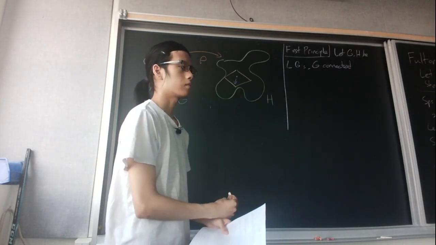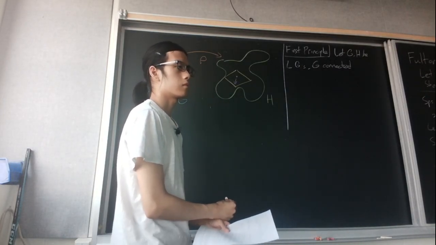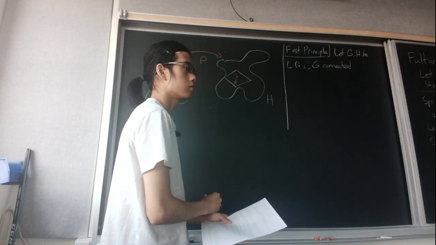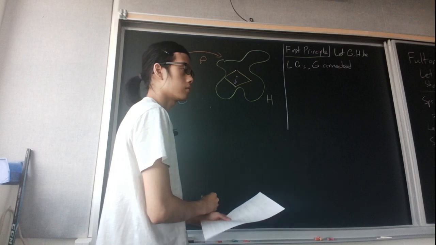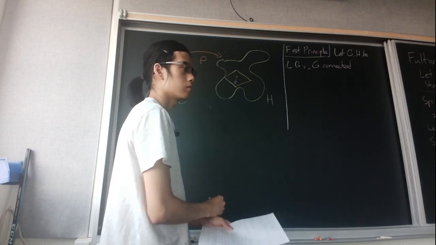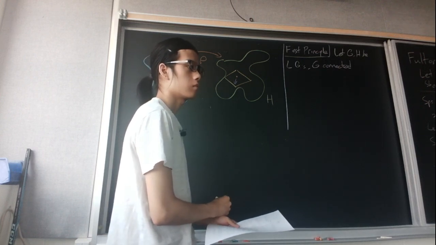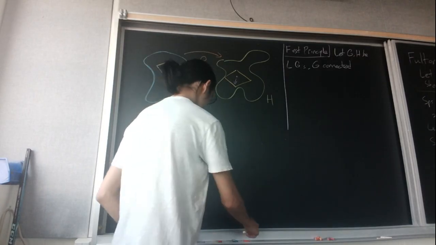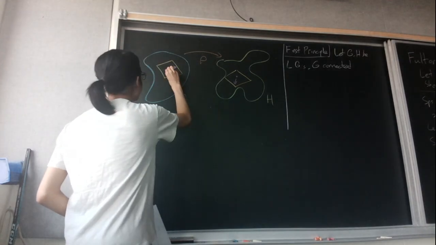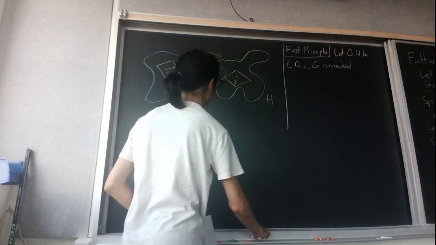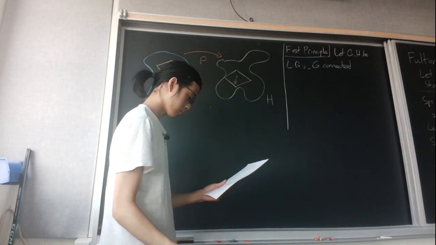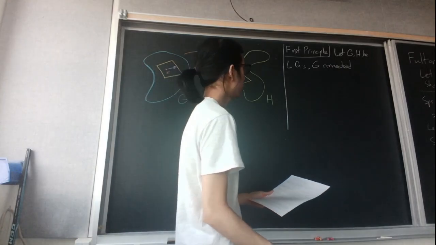And I want to describe the map rho to you. If I know how rho acts on a little neighborhood around E, then I can figure out how rho acts everywhere on G, because I can get all of G using the little neighborhood around E. And then it's a homomorphism, so I can just expand the product.